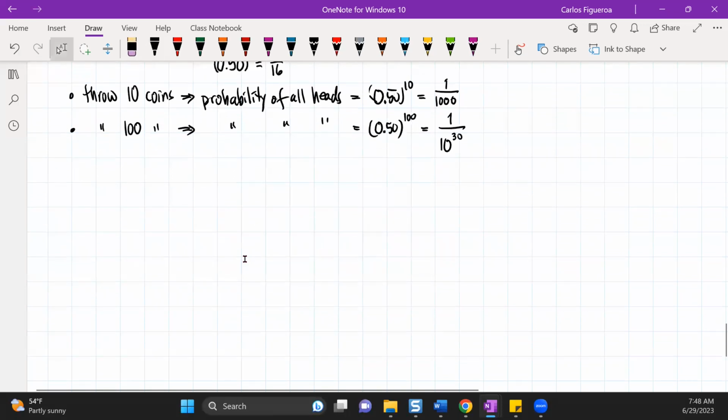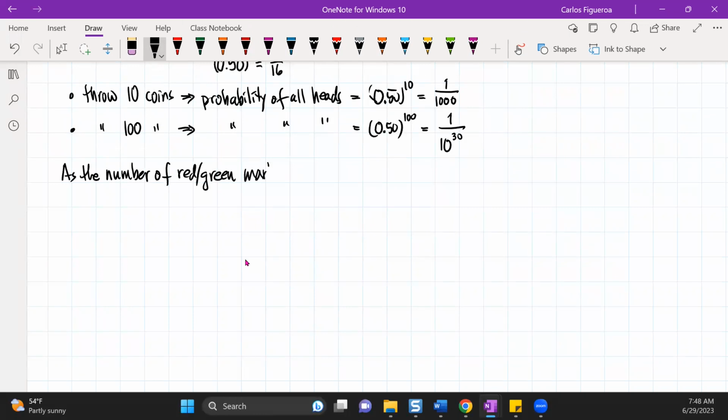Now, if I go back to my red and green marble example, as the number of red and green marbles increases, and if we talk about atoms in a gas, what if those marbles were gas atoms and we're talking 10 to the 20?